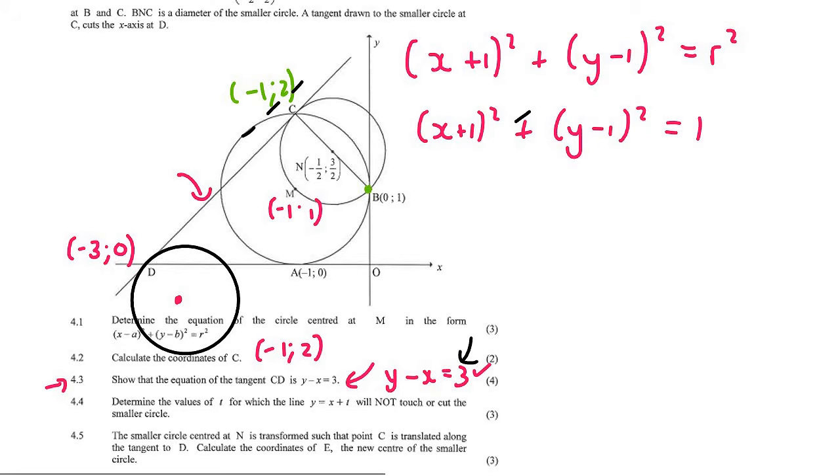All that we need to do now is look at the coordinates of C, and see what happened. Well, the x values went from minus 1 to minus 3, so they changed by going 2 places to the left, and the y values went from 2 to 0, so they went 2 down. That will be the same thing that happens to this point over here.